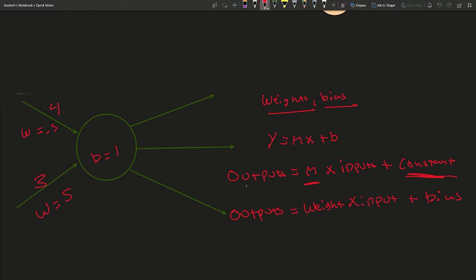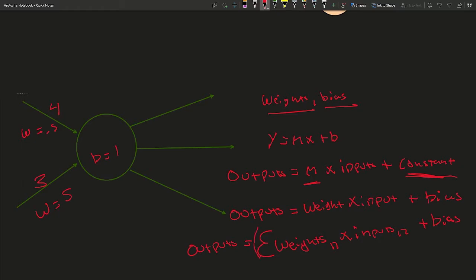So when we shift from having the weight applicable to the entire neuron to the connections between the neurons, we can rewrite our equation as output is equal to the sum of the weights to the nth value times the inputs to the nth value, plus the bias for the entire neuron.